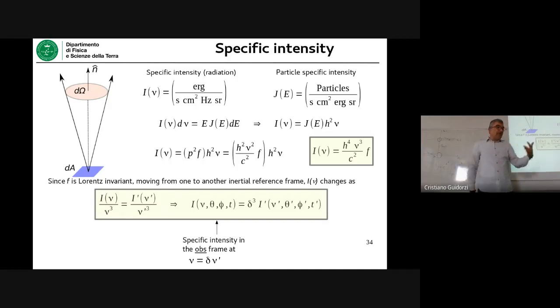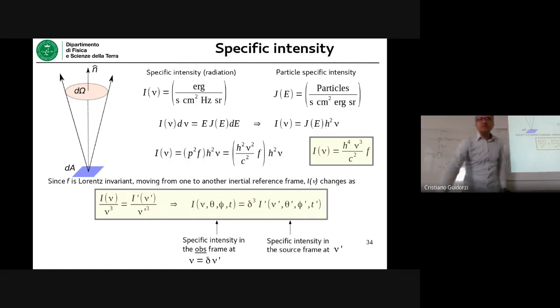And if I look at that direction, I measure, according to all the definitions I gave you of specific intensity, I. The same quantity measured in the co-moving frame is I prime, which will be referring to a given theta prime, of course, because of the aberration of light. So to a given theta in the observer frame will correspond a given theta prime in the co-moving frame, and so all the other independent variables. But the point here is the delta cube.